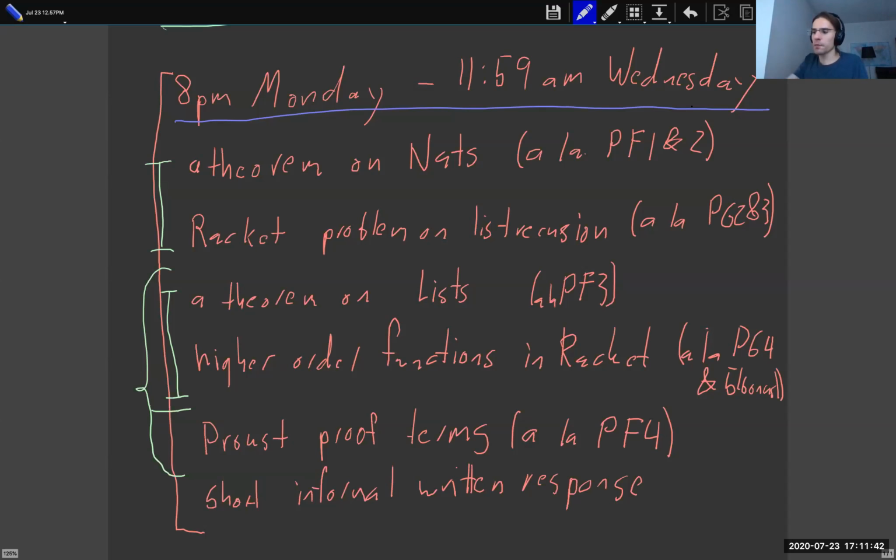Yes. So for PF3, I will update the notes with a section about the rules of reasoning about lists. But the style and structure of the proof will be exactly as PF1 and PF2.